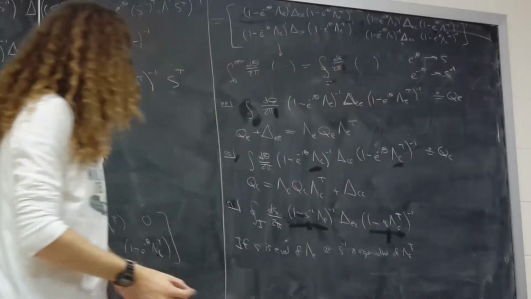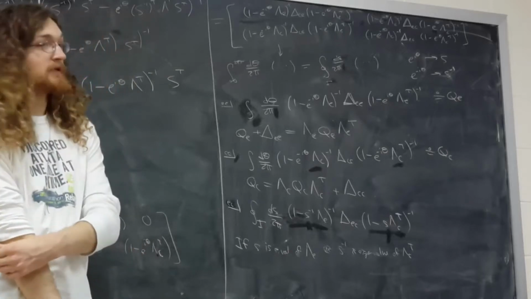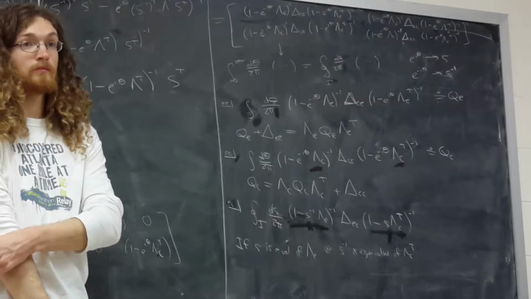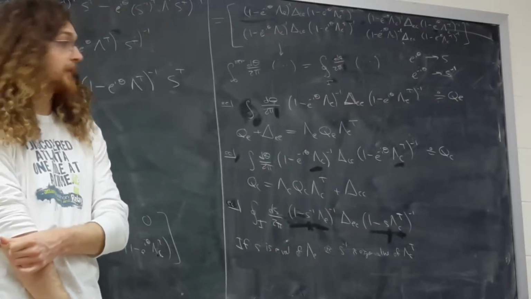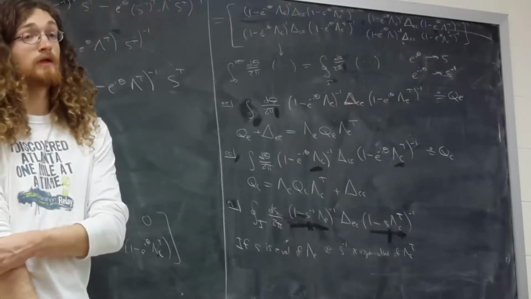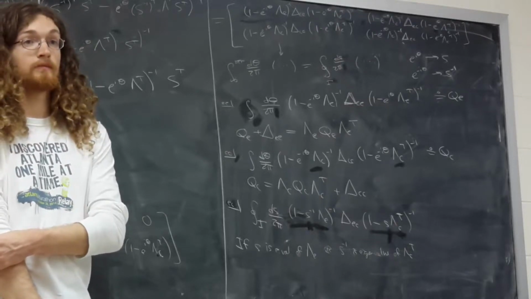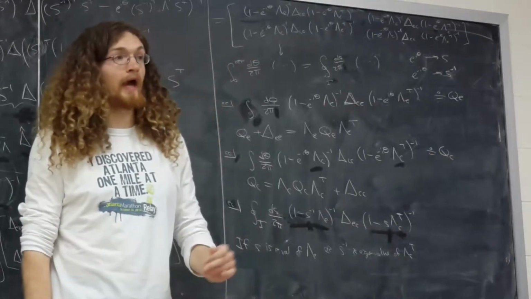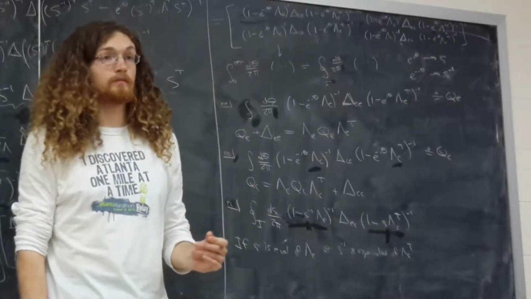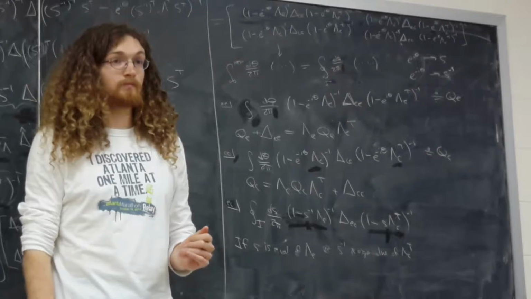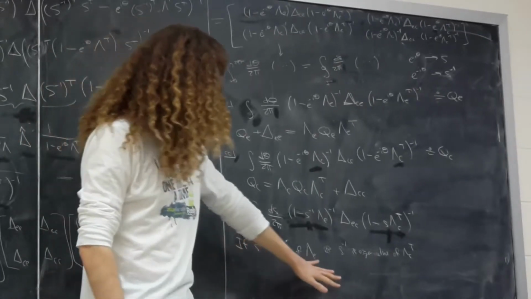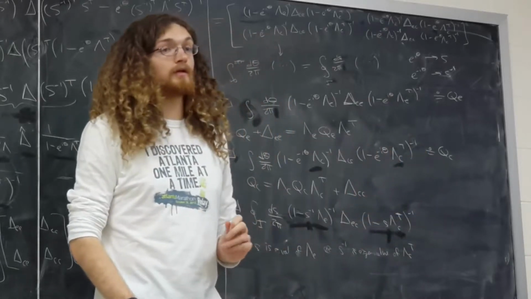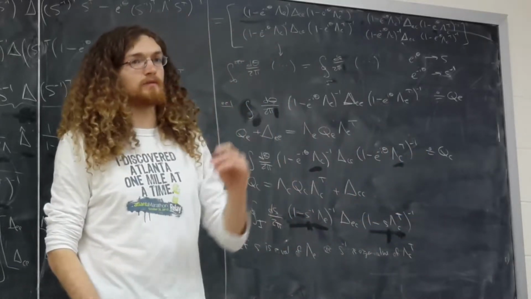But all the eigenvalues of lambda E have magnitude greater than 1. All the eigenvalues of lambda C transpose have magnitude less than 1. So all of these S's have magnitude greater than 1, or magnitude of S inverse is less than 1.